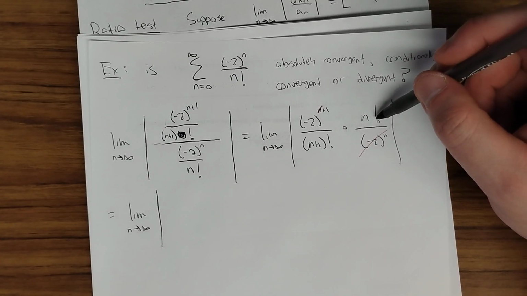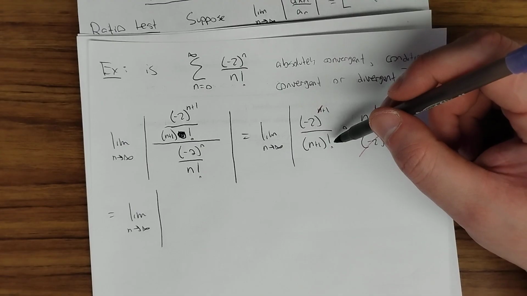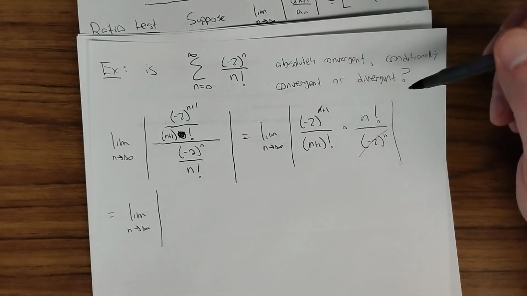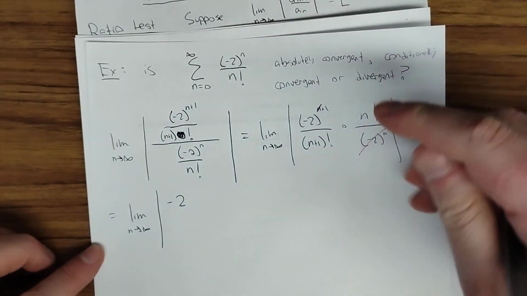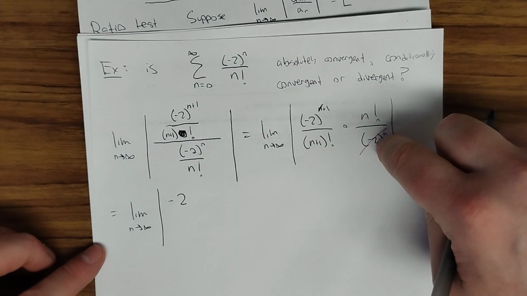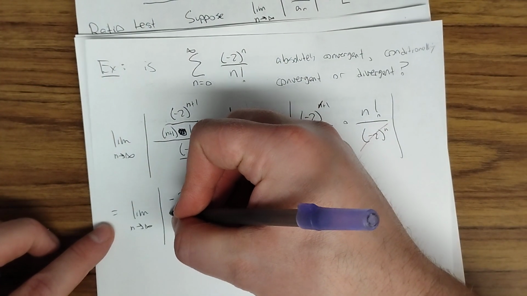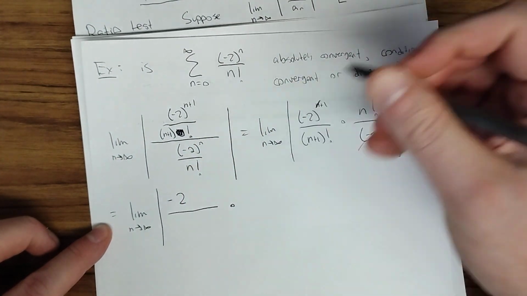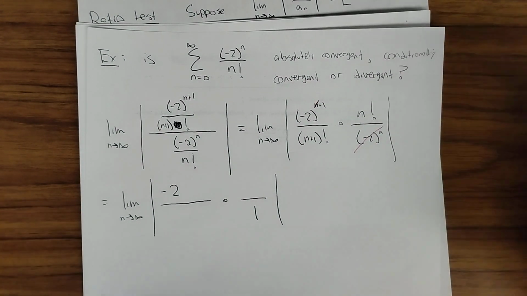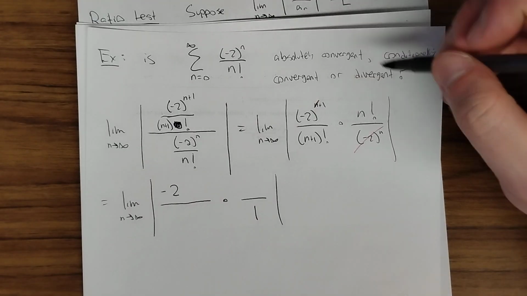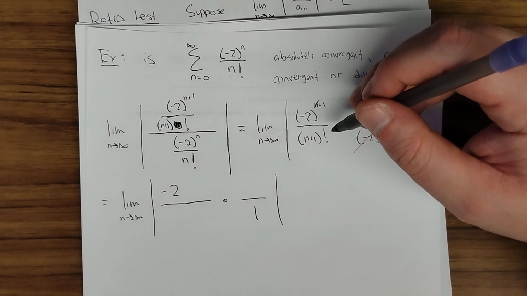There's going to be some cancellation between the n factorial and the n plus 1 factorial. So I'm going to set that up. So these negative 2's are gone, except I have a negative 2 to the 1 left over. So I guess there's nothing left over on the bottom of this fraction, so I'll just put a 1 there. This is the first time doing this, so let me go slow here.